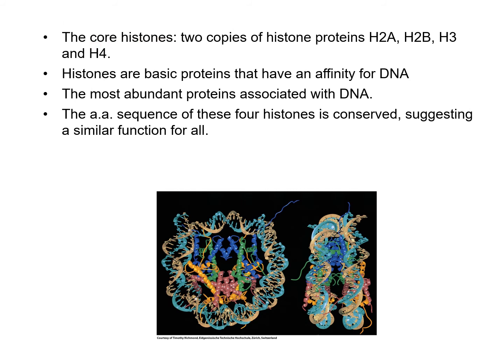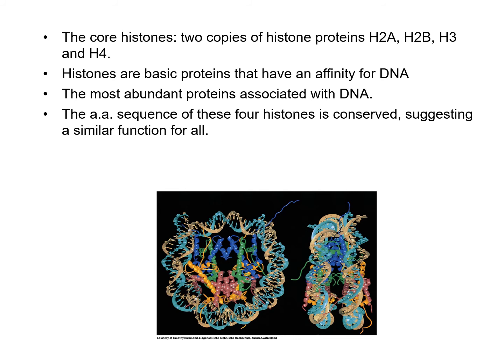Again, core histones within a nucleosome have two copies of each histone protein subunit, H2A, H2B, H3, and H4, to form the octamer. Histones are basic proteins, so they have affinity for DNA, which is negatively charged due to its sugar phosphate backbone. Histones are the most abundant proteins associated with DNA, and their amino acid sequences are highly conserved throughout all different life forms, suggesting a similar function for all those species.